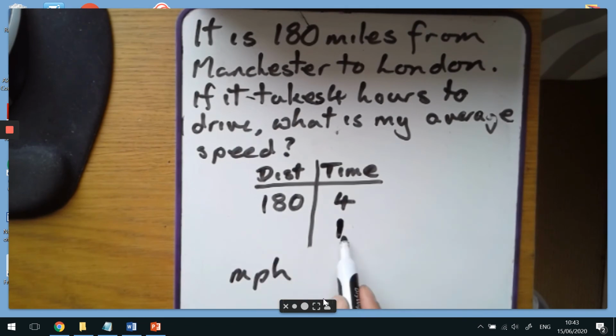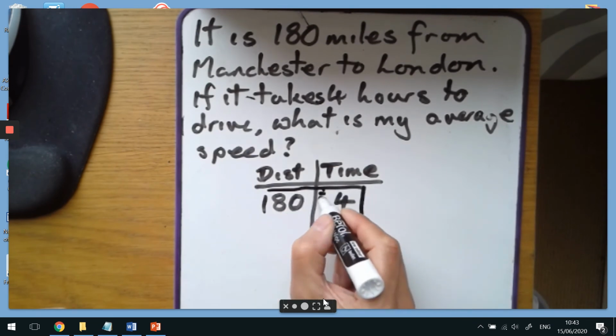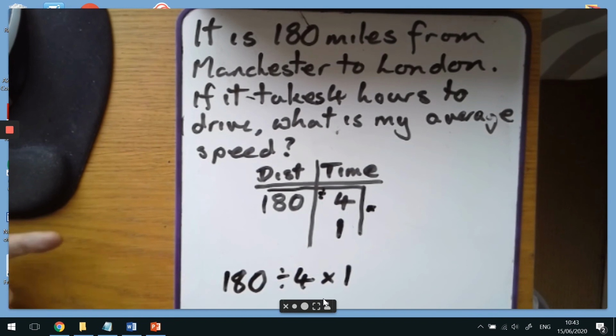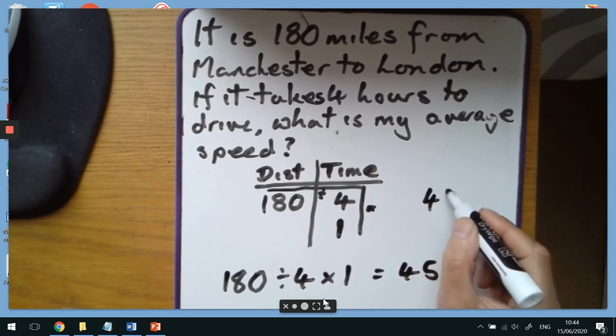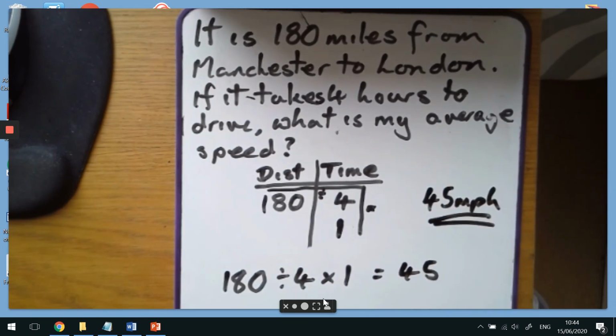So there, can you see again, I've got my DM laid out. And I can stick that in a calculator if it's a calculator question. The answer is 45. So I have 45 miles per hour.